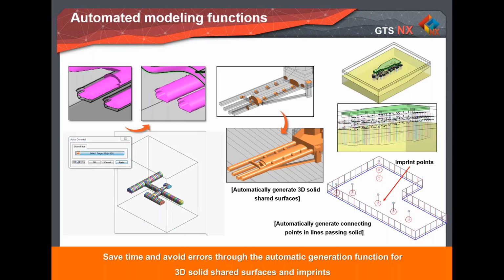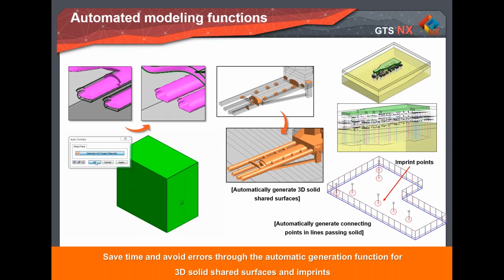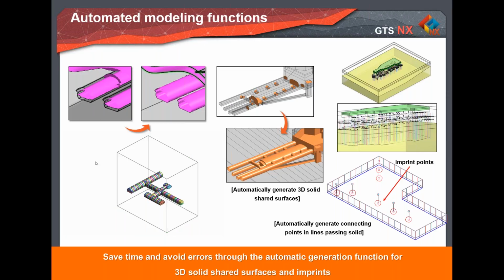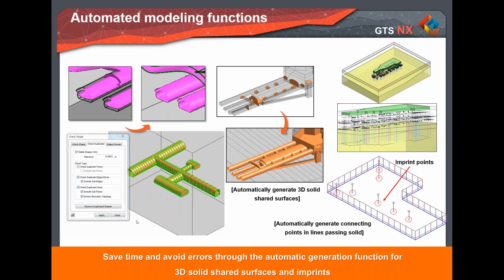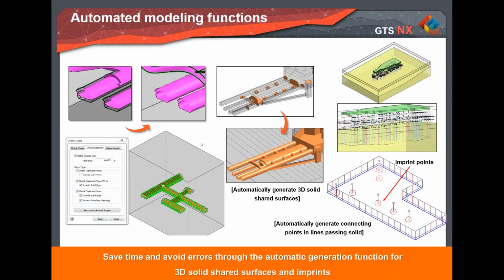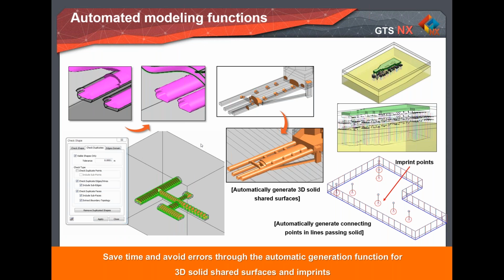To make sure that the curves are properly imprinted into curves, we have the option called auto imprint, where you just select all the solids and all the curves. The program will automatically imprint and take care of the nodal connectivity. So these are the automated functions, which today I will also be demonstrating, which will give you a better idea of what exactly these automated functions can do.